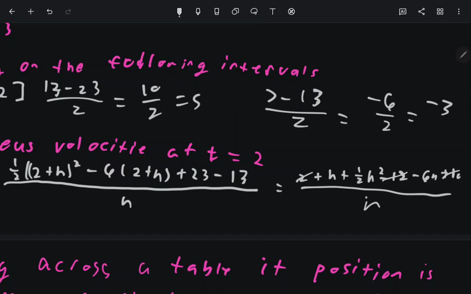All we have is h's left. So we're going to cancel this h, leaving a 1. We're going to cancel this h, leaving a 1/2 h. And we're going to cancel this h, leaving a negative 6. Well, this is really just 1 minus 6 plus 1/2 h.